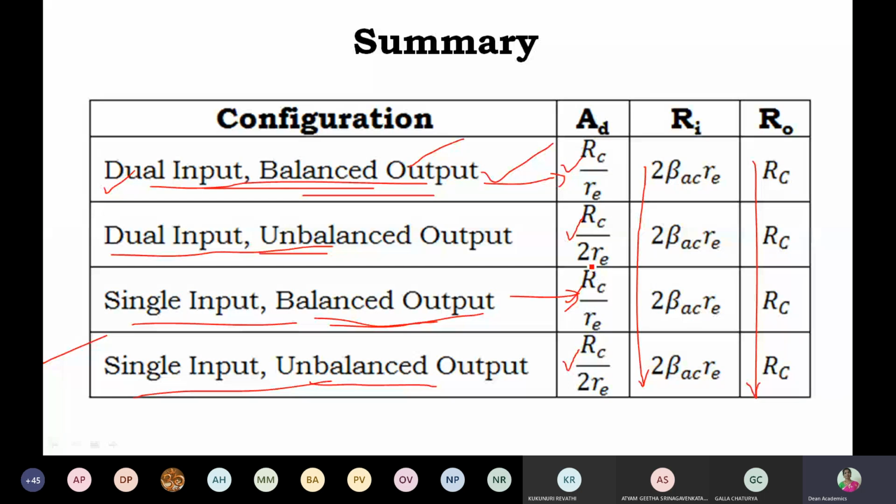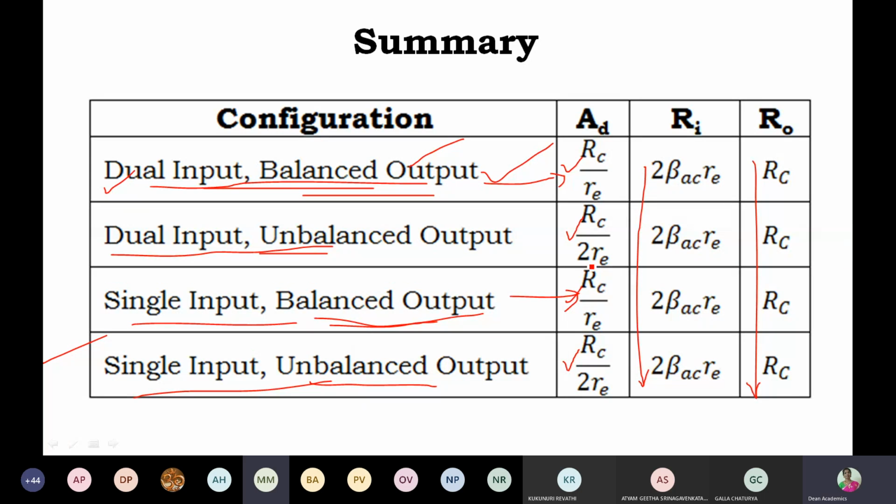So one of you tell me, what is the differential gain for single input unbalanced output differential amplifier? RC by 2RE, ma'am. And what is the differential gain for single input balanced output differential amplifier? RC by RE, ma'am. So what is the relationship between these two?